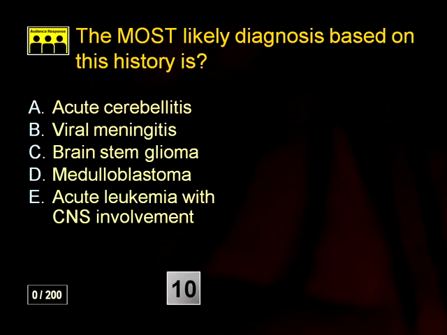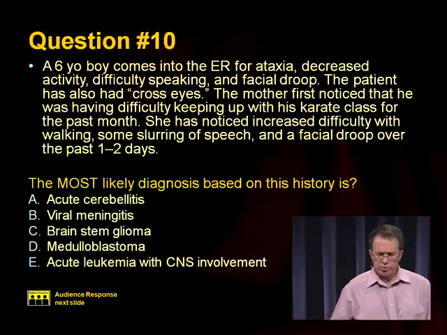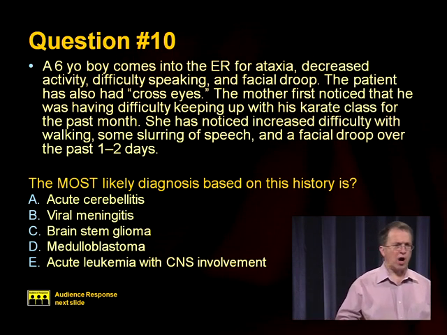Okay. This is a basic science question in some way. It's a basic science or a clinical question wrapped in basic science. Where's this child's problem? So we've got facial droop, difficulty speaking, crossed eyes.